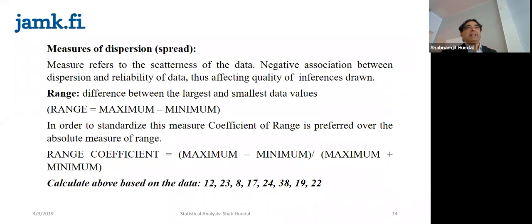When I say that this man is 6 feet tall and the second man is 5 feet tall, I can say that the taller man is taller by 1 foot. This is the absolute measure. But when I say the taller man is 1.2 times the shorter man, then I will not say 1.2 foot or feet. I would say times. So when we calculate the ratio, then the measure becomes a comparative or relative measure.